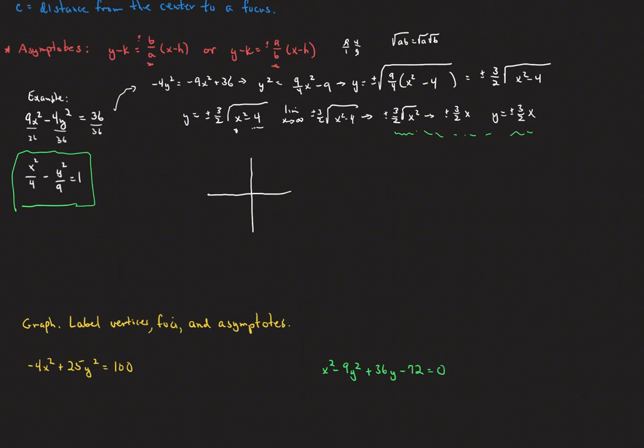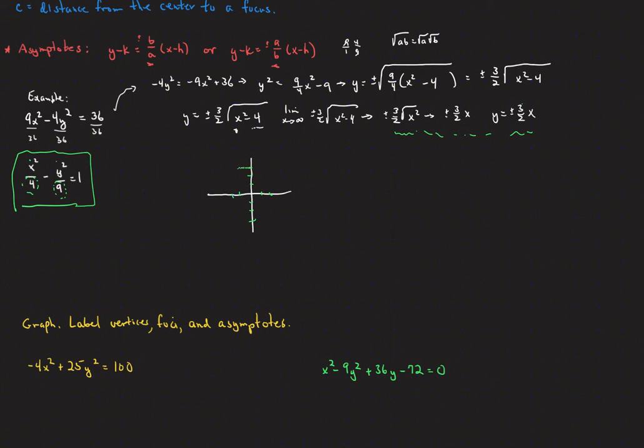So the way we're going to graph this is we'll see the center is at 0, 0, because there's no h, the h and k are just 0 and 0. Notice that the slope, the rise, is the square root of 9. So that's the 1, 2, 3, and I'm going to go 3 up and 3 down. The square root of 4 is 2, so I'm going to go 2 right and 2 left.